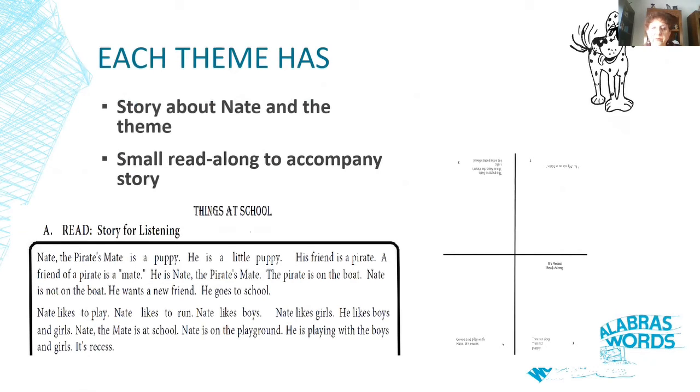After the story, after the activities in the theme, there is a small little book. This is to fold up, and here's an example of a book that I can show you. And the students can illustrate to show that they understand it. They can read it along with the teacher. The story at the beginning was a story to listen to and appreciate.